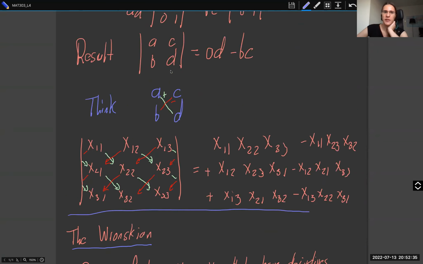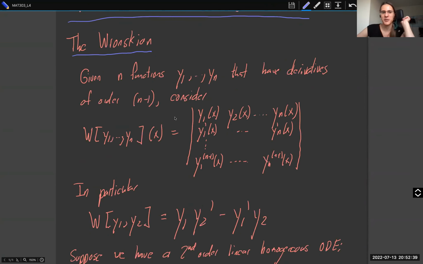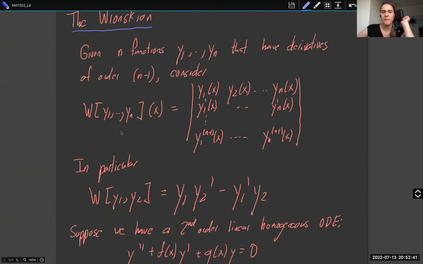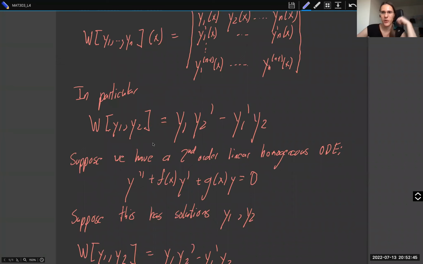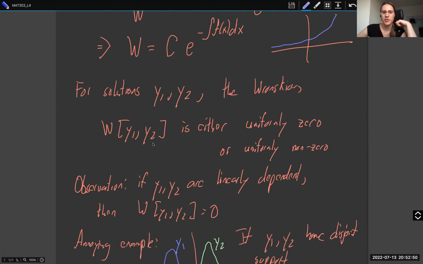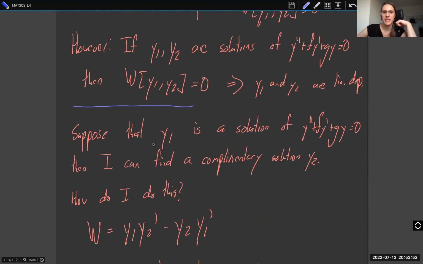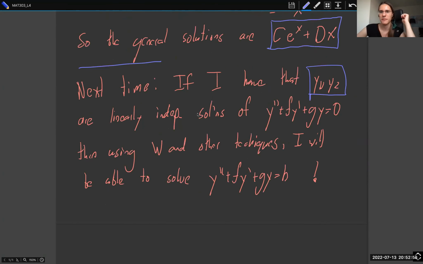We're going to use 2 and 3-dimensional determinants in our computations. A particular determinant is the Wronskian. The cool thing about linear equations is that you can get a separable equation to solve for the Wronskian. That's going to be very useful. In particular, it gives us a way of finding a second solution if we have a first solution, and it's going to let us next class solve the inhomogeneous problem.